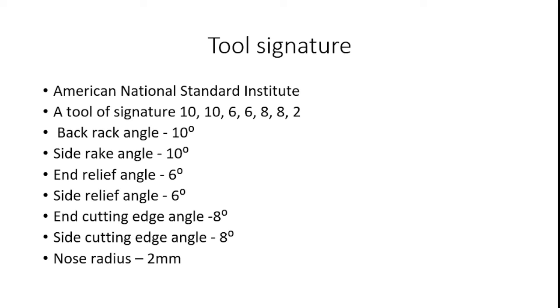Sequentially: first is back rake angle, second is side rake angle, third is end relief angle, fourth is side relief angle, fifth is end cutting edge angle, sixth is side cutting edge angle, and seventh, the last one, is nose radius, which is known as the tool signature in machine shops.